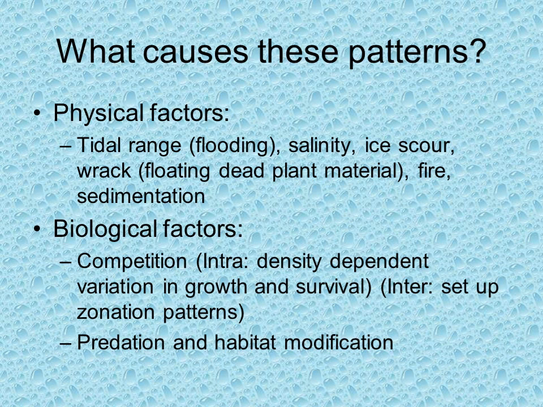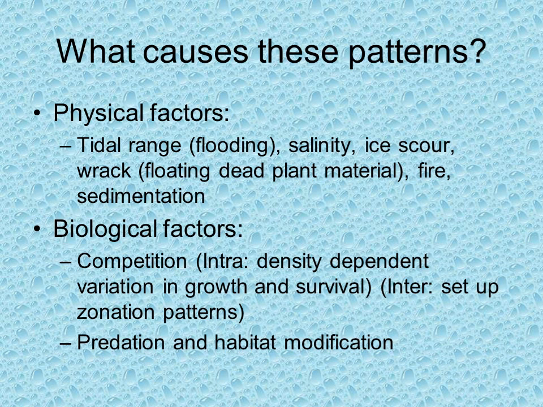Now, these patterns of zonation in these salt marshes around our country are determined by both biological and physical factors. Those physical factors include the same things that affect rocky intertidal zonation patterns: the flooding or tidal range, the salinity, any kind of ice scour, any wrack or dead floating material, fire, as well as sedimentation.